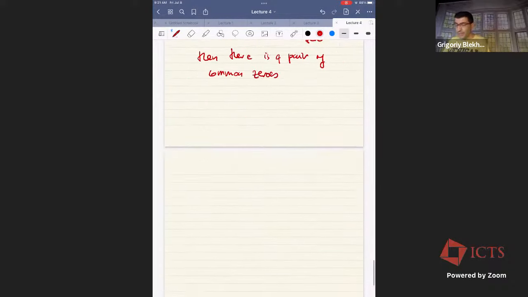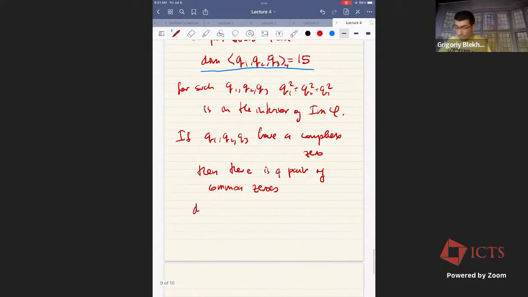And this means that the dimension of the ideal generated, because the idea is, what can Q1, Q2, and Q3 generate? If they all vanish at 2 points, then whatever they generate will also vanish at these 2 points. Which means that they cannot generate something that is more than 13-dimensional.